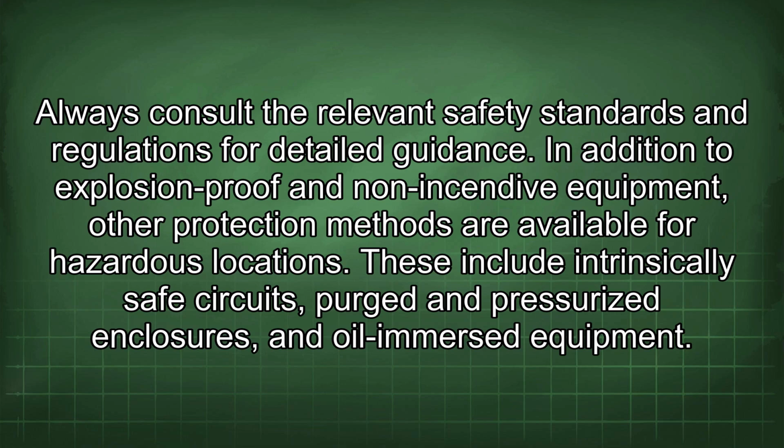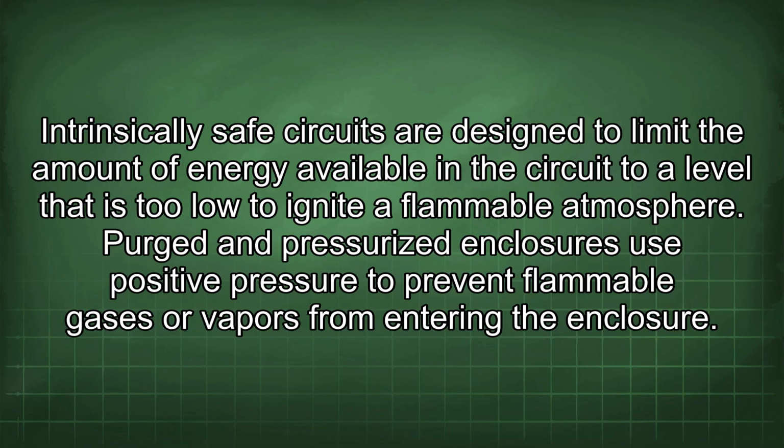In addition to explosion-proof and non-incendiary equipment, other protection methods are available for hazardous locations. These include intrinsically safe circuits, purged and pressurized enclosures, and oil-immersed equipment. Intrinsically safe circuits are designed to limit the amount of energy available in the circuit to a level that is too low to ignite a flammable atmosphere.